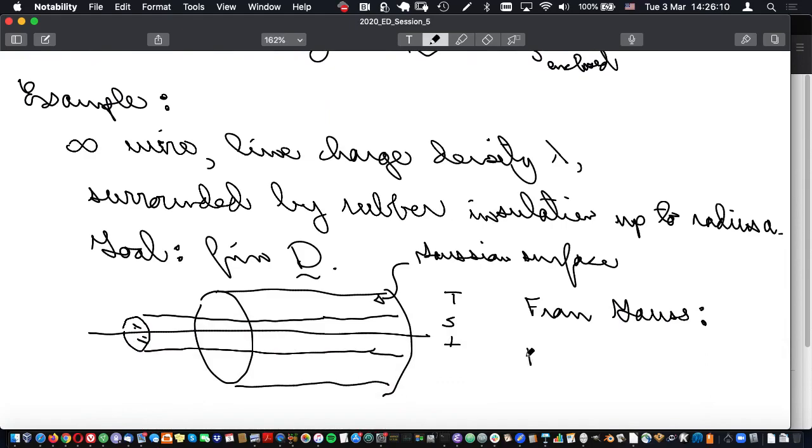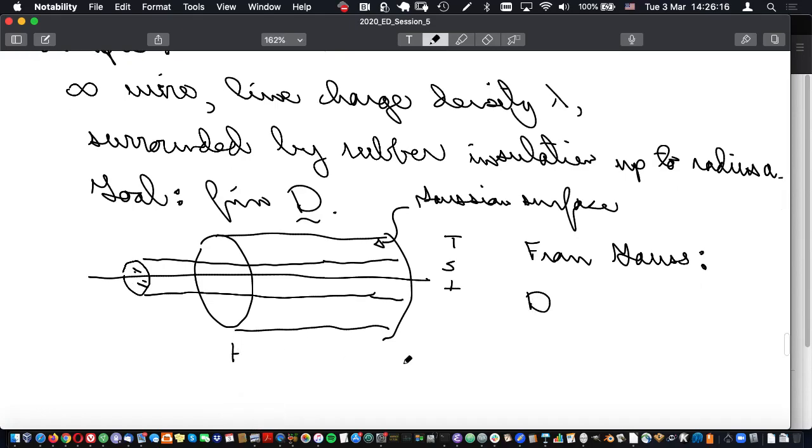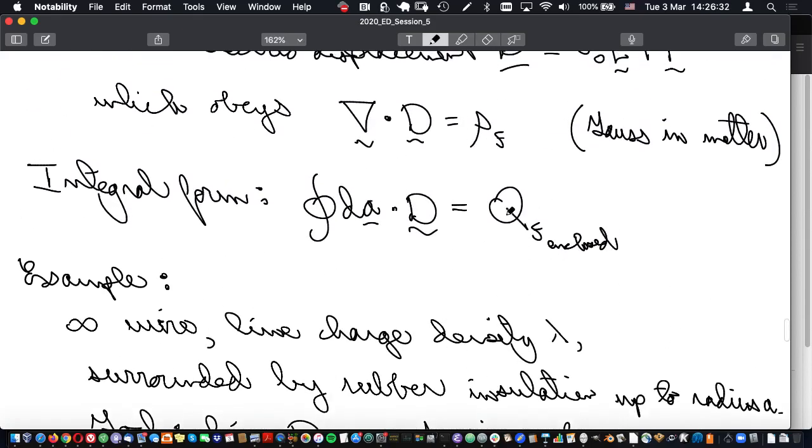So that's going to be D. The whole surface, let's say I have a certain length L here, is 2 pi S times L. And this has to be equal to the free enclosed charge.